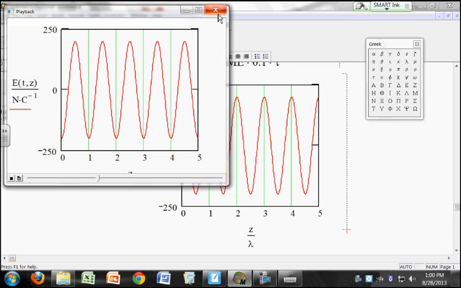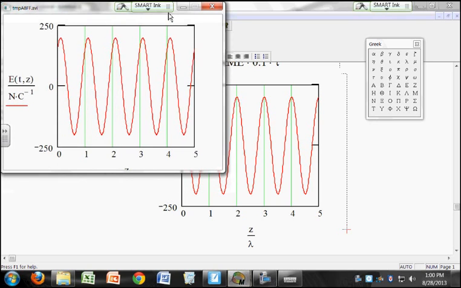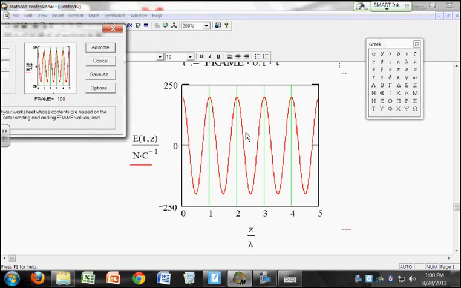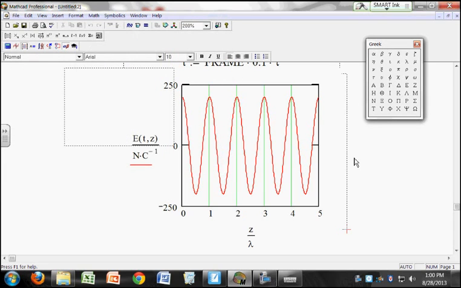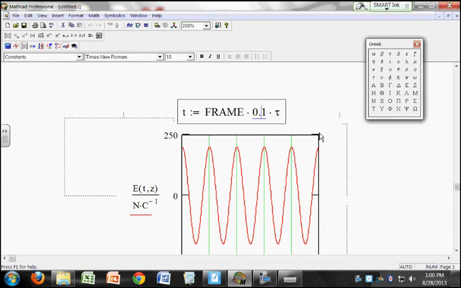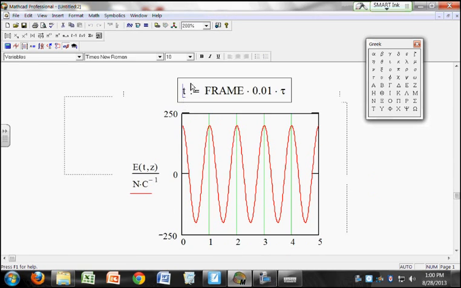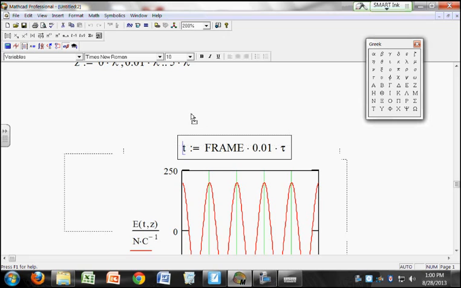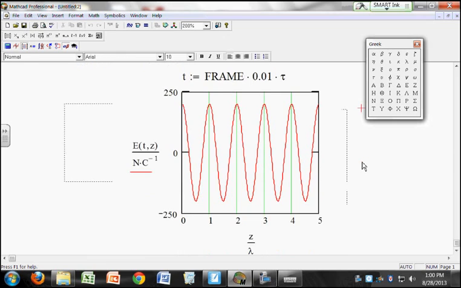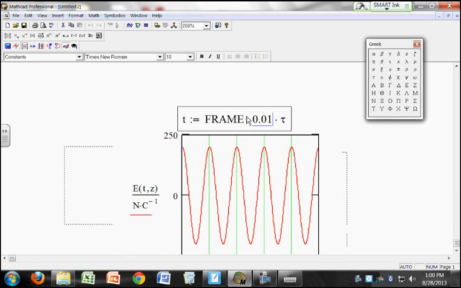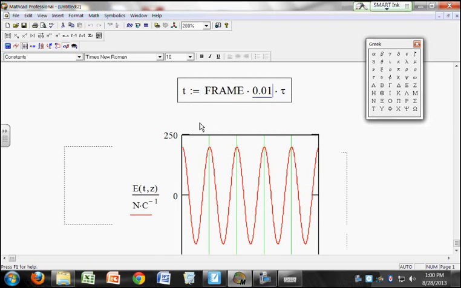Now, if I want a finer advancement in time, so I want to advance just 0.01 tau at a time. And just so you can see what the actual time is, let me move this up. I'll put the value of time here, in terms of tau.